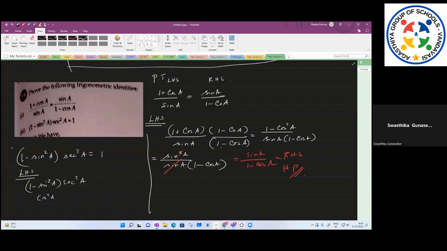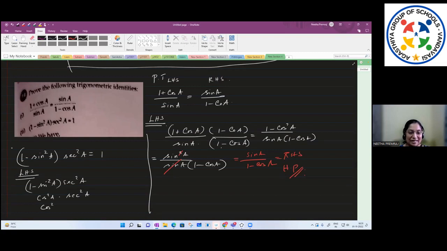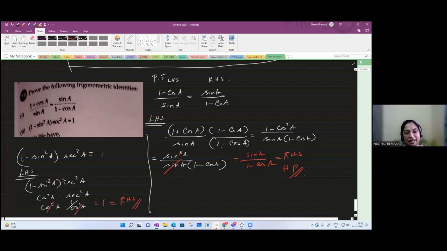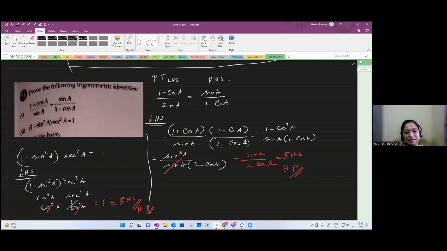Cos square A. Exactly, very good. What is secant square? Secant is 1 by cos, so secant square is 1 by cos square. You can cancel that straight away, but if you wish, you can write it this way also. You can cancel this cos square, and what comes? 1. That is RHS. Hence proved. That's it.